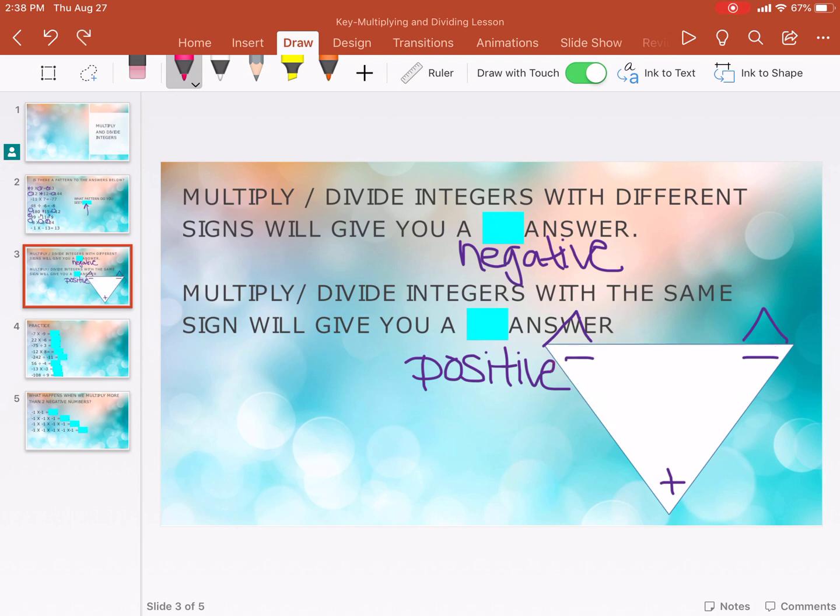Positive and positive is just positive. Negative and positive is negative. Positive and positive is positive. Negative and negative is positive. And again, that's all for multiplying and dividing. So all you have to do is multiply and divide like normal, and then just fill in your symbol.